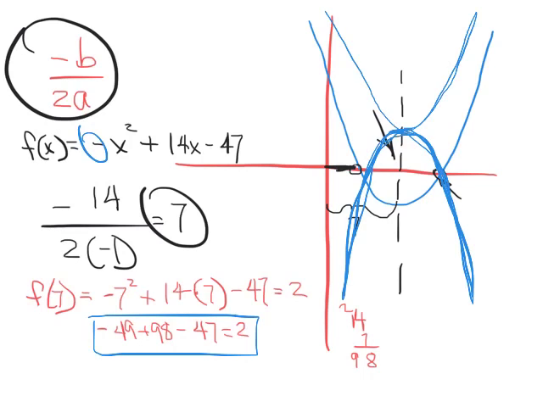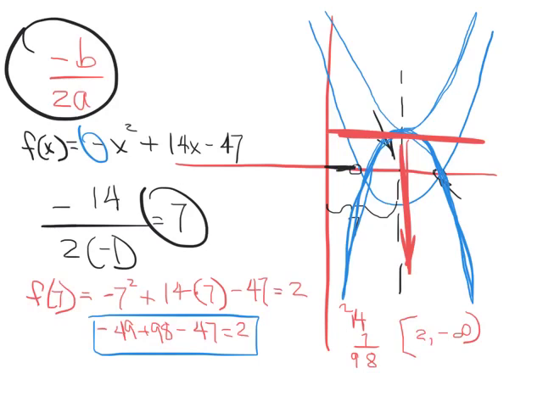And the range then would be how far my y value goes, which in this case goes up to 2 and it goes down to negative infinity. So my range would be negative infinity to 2, and it would include 2.